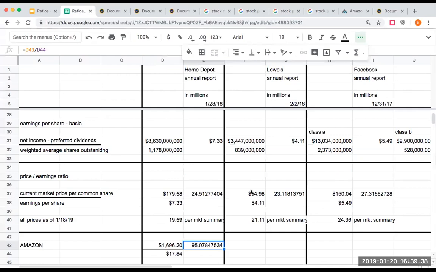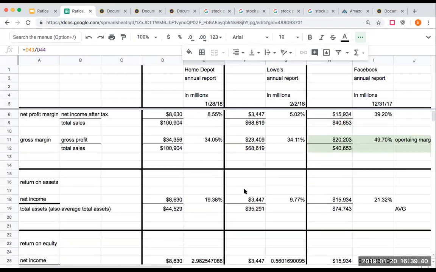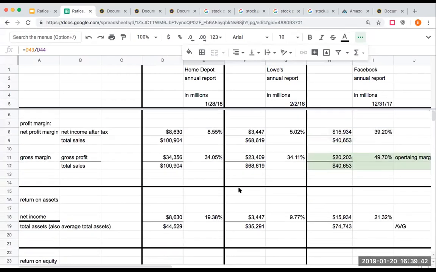So again, I want to thank you for joining me here today. These are just ways we can measure a company's profitability. Remember that these are using accounting numbers. The way we do accounting, there are inherent limitations in how we record transactions. And ratios are a way we can help better understand and get comfortable with a company.